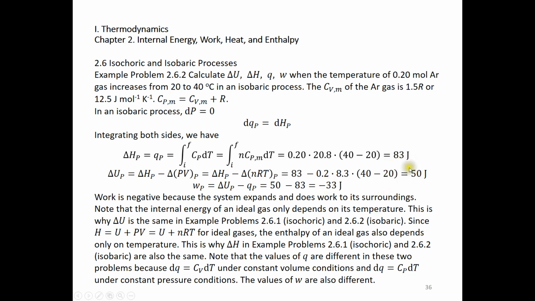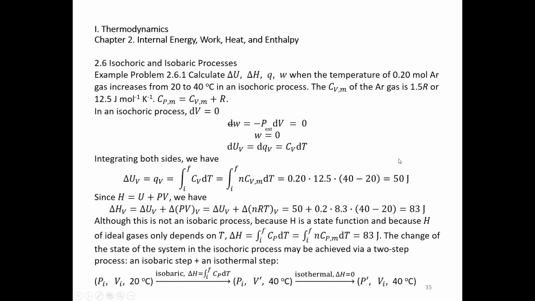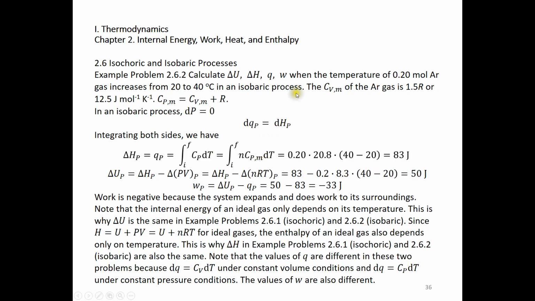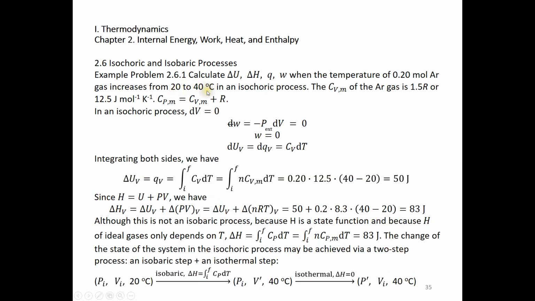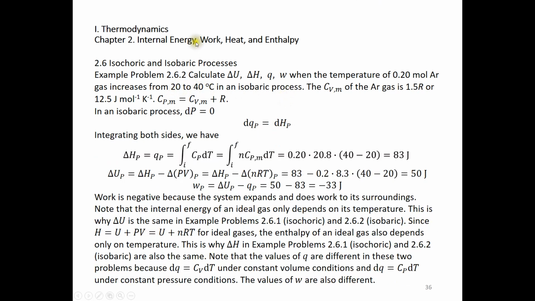If you look at these two numbers, 50 and 83, it's just because the system is an ideal gas, and for the ideal gas, U and H only depend on temperature. And if we look at the temperature, it's from 20 to 40 in this isochoric process, and 20 to 40 in the isobaric process.